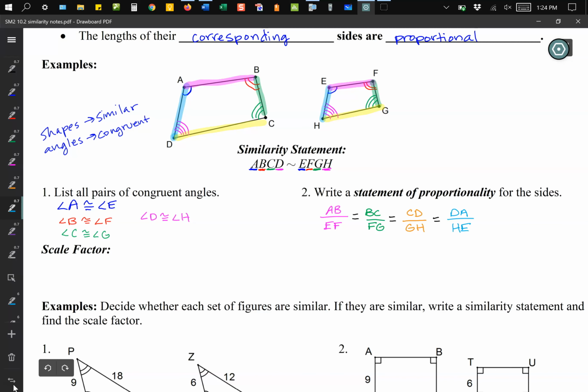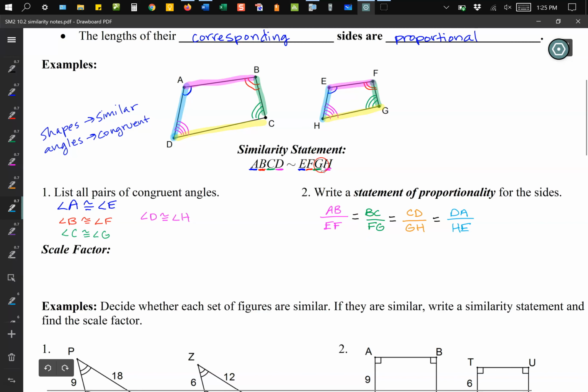So I want to point out some things on this. Notice that here I have AB. Well, that's the first 2 letters in the similarity statement. And underneath that, I have EF. Oh, that's the first 2 letters right there. In the second fraction, I have BC. Oh, that's the middle 2. And FG.